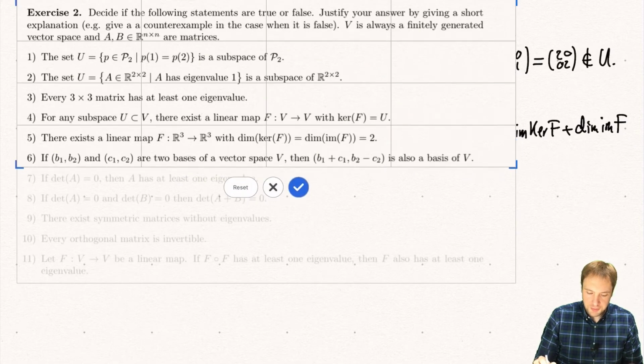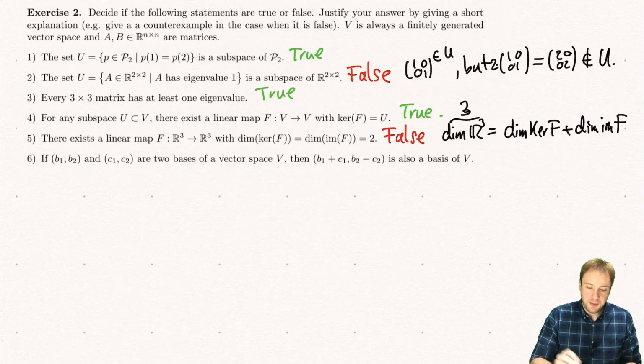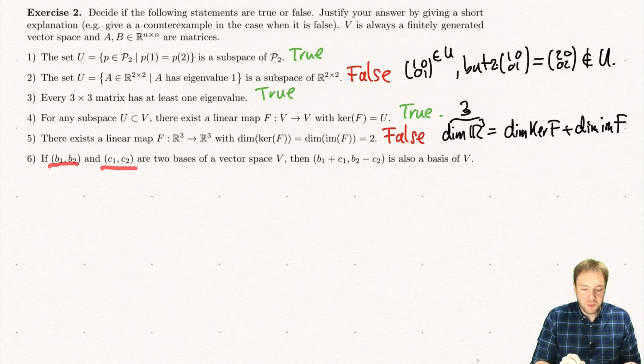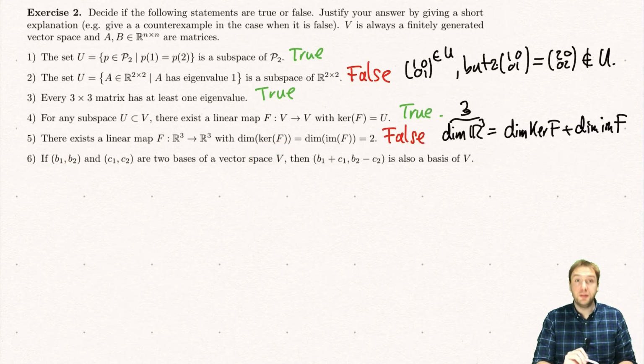And number 6. Let's assume we have two bases of a vector space V. So this is a two-dimensional vector space, because the number of elements in the bases is 2. Then the question is, if I take the sum of the first entries and the difference of the second entries, is this also a basis of V?